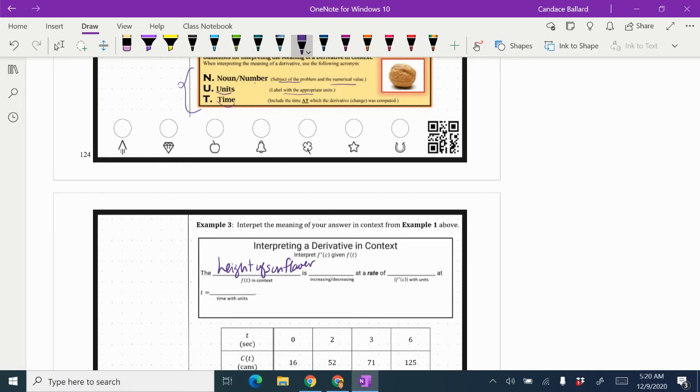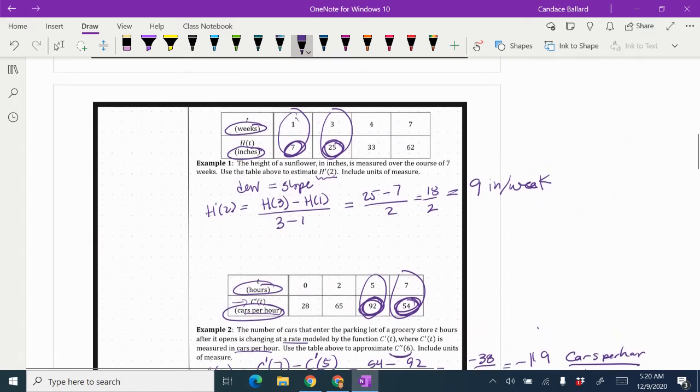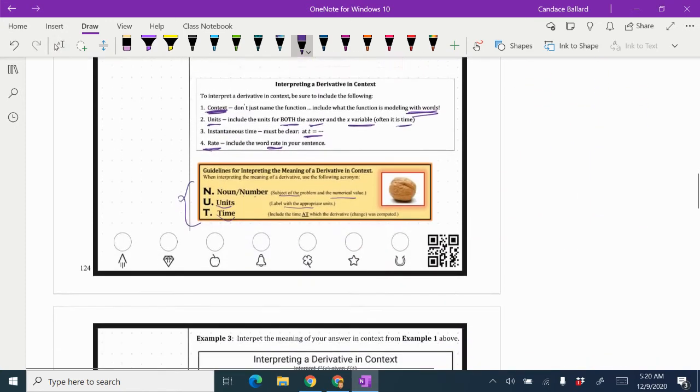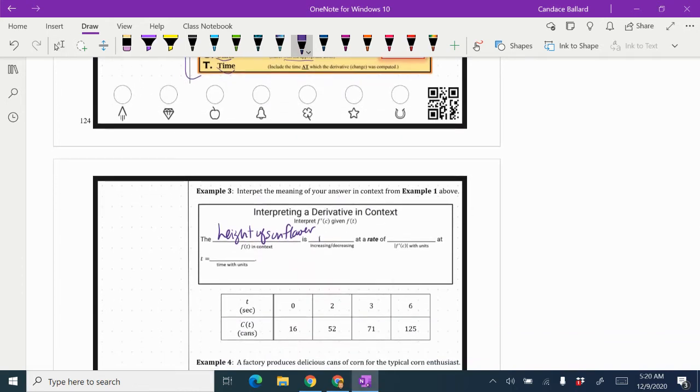Is, and then we want to know if it's increasing or decreasing. I'm going to look at the number, and the number we got was positive. So we would know that it's increasing, at a rate. We said the word rate in there because we know we took a derivative, and this is f prime of c with units. So what was our value?